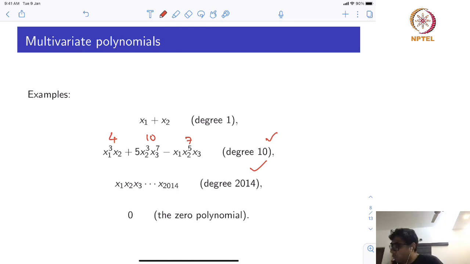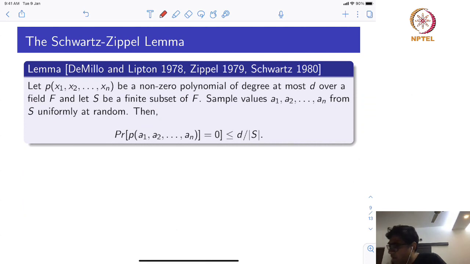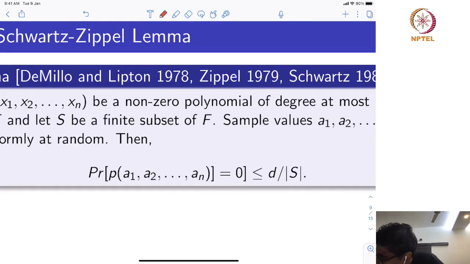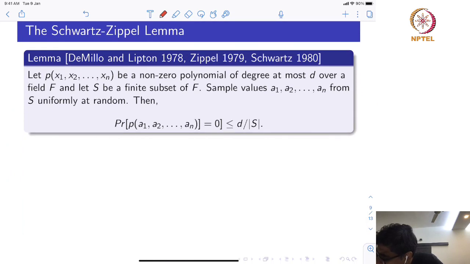So, why are we interested in multivariate polynomials? It is because of what is known as the Schwartz-Zippel Lemma, and this is at the heart of a lot of randomized algorithms, and even otherwise. So, what does this say? Let us try to understand. Suppose you are given a non-zero polynomial of degree at most d over a finite field f. Suppose you have a polynomial p(x1, x2, ..., xn).